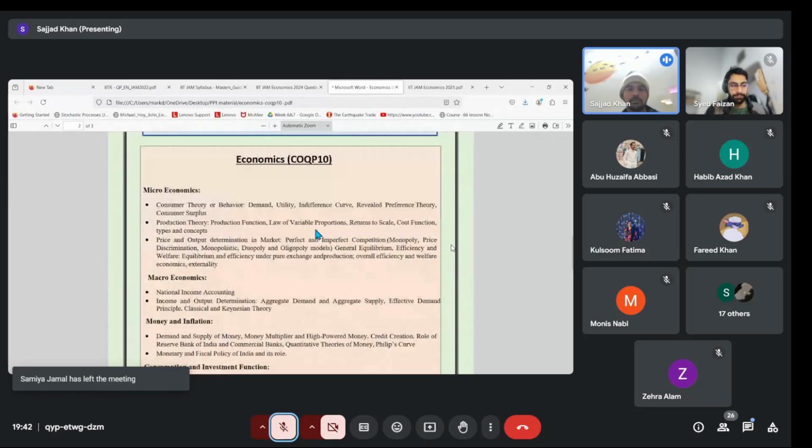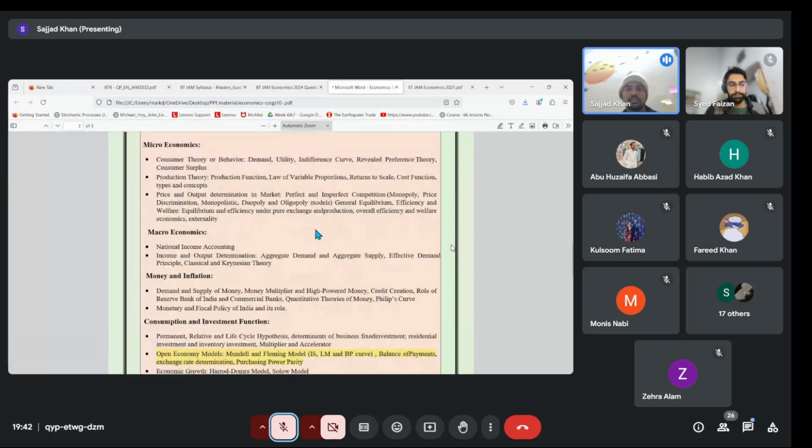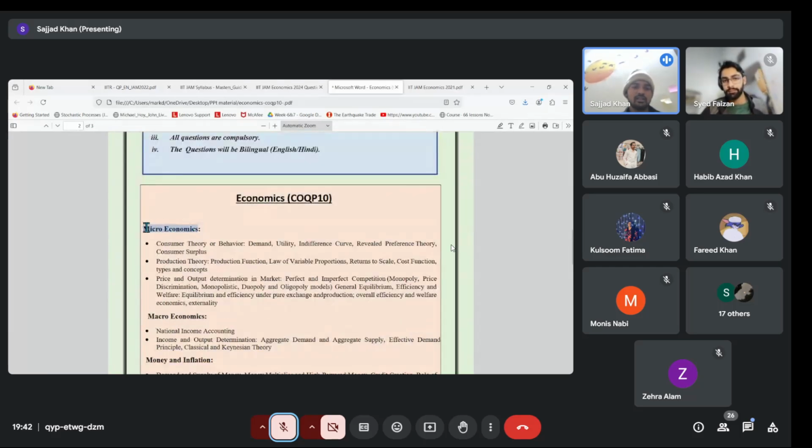Guys, all the syllabus which is given to you, for microeconomics, is less than what we study for IIT JAM, and all these types of syllabus have been covered. But the difference is that in CUET most questions are theoretical. Here you have to focus more on theory and numericals.